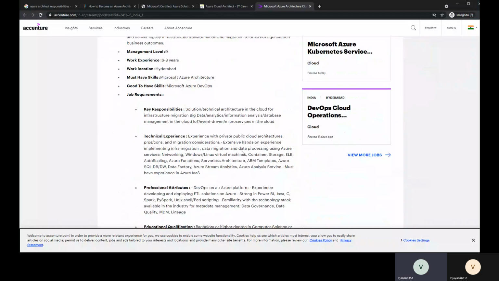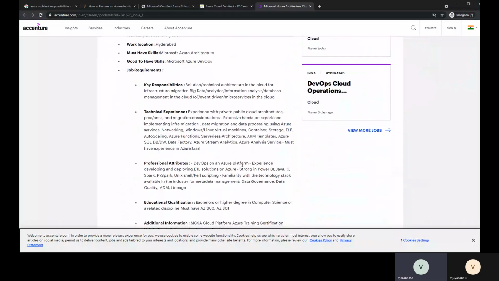Total experience with private and public cloud architectures and migration considerations, and extensive hands-on experience in migration and data processing using Azure services: network, Windows or Linux, virtual machines, containers, storage, ELB, autoscaling, Azure Functions, serverless architecture, ARM templates, Azure SQL DB, Data Factory, Azure Stream Analytics, Azure Analysis Services.